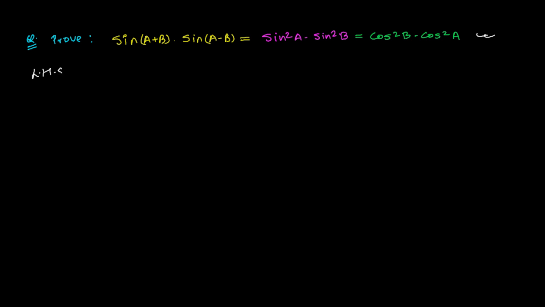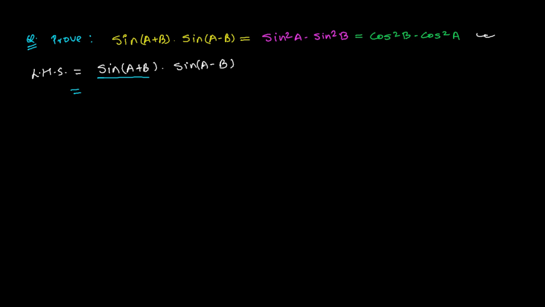So let's start with our left hand side, and we need to get this part and this part one by one. Let's first write sine(a plus b) times sine(a minus b). There is no trick, we can simply proceed because we have already learned the sine(a plus b) and sine(a minus b) formulas. So we're going to put in their values.